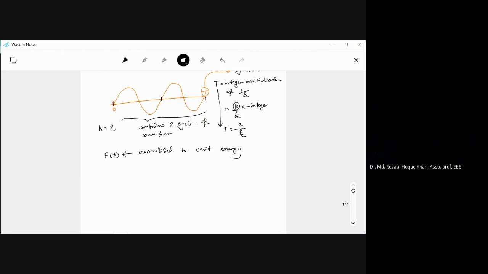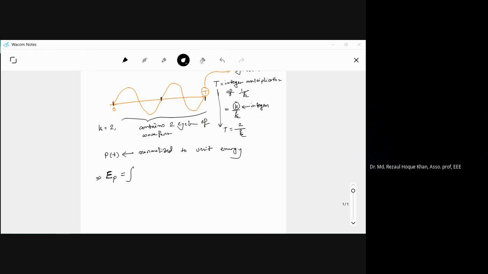Remember the energy of the pulse, we can write capital E, Ep. How can we calculate the energy of the pulse? We used this equation earlier, before the mid.